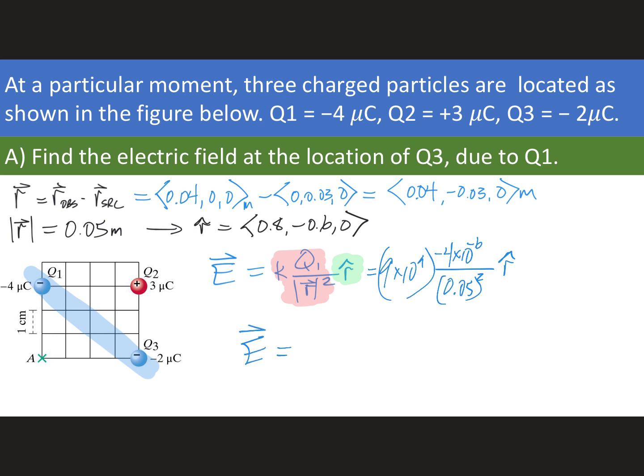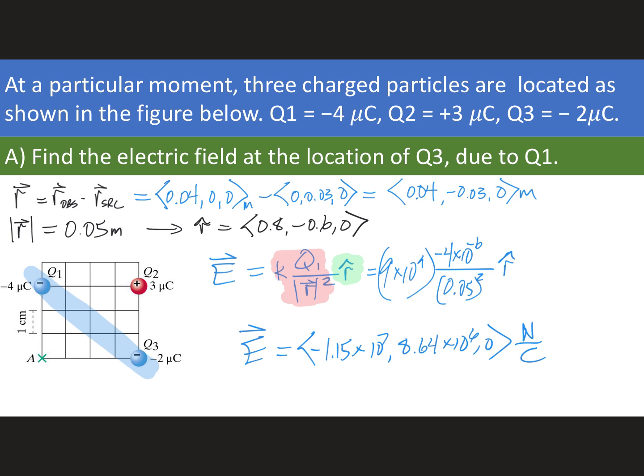And that means in the end, you crunch all of those numbers: 1.15 times 10 to the 7th, 8.64 times 10 to the 6th, 0, and that's going to be newtons per coulomb, or volts per meter, depending on the system. So we computed it.